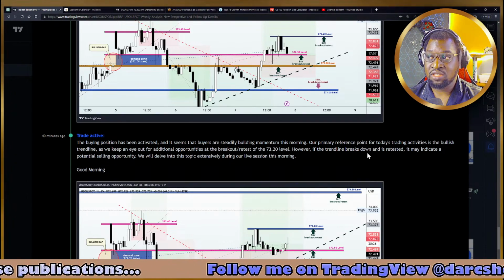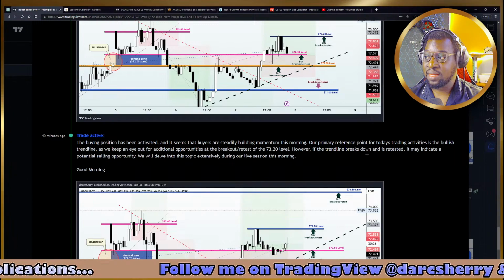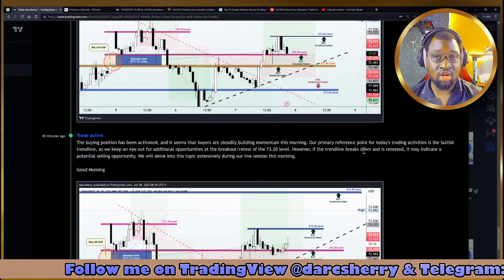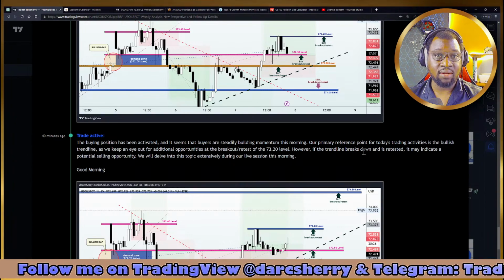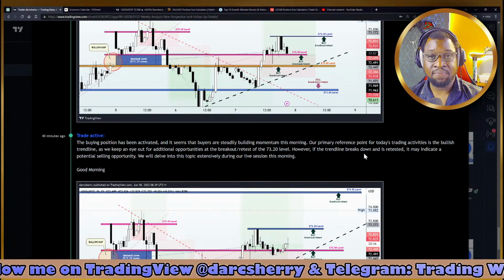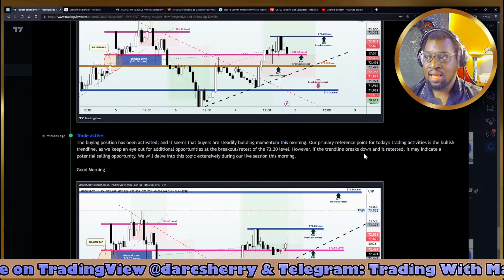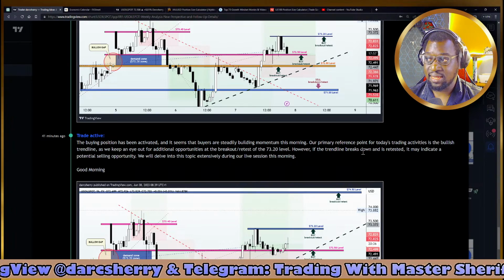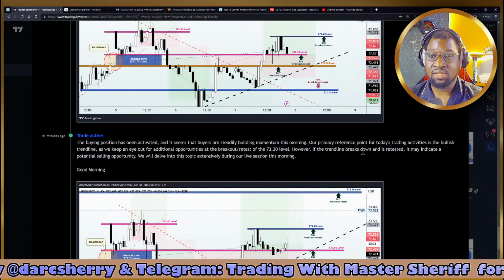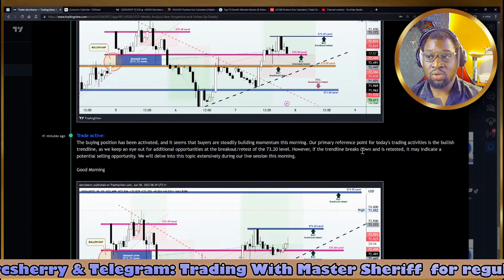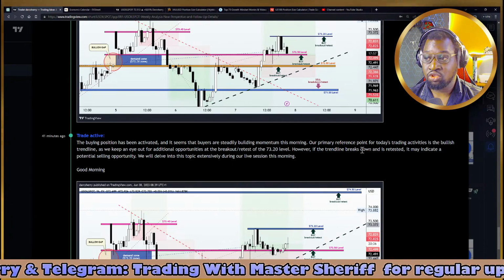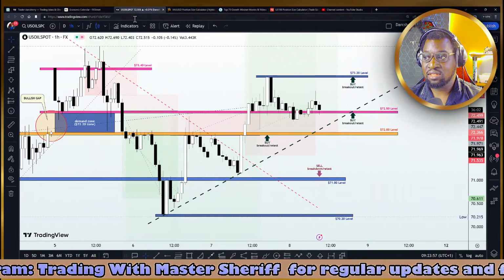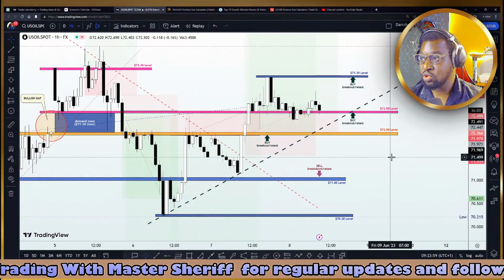Our primary reference point for today's trading activity is the bullish trend line, as we keep an eye out for additional opportunities at the breakout retest of this $73.20 level. However, if the trend line breaks down and is retested, it may indicate a potential selling opportunity. So we will delve into this topic extensively during our live session this morning. So that was my commentary here this morning as regards to the US oil spot.